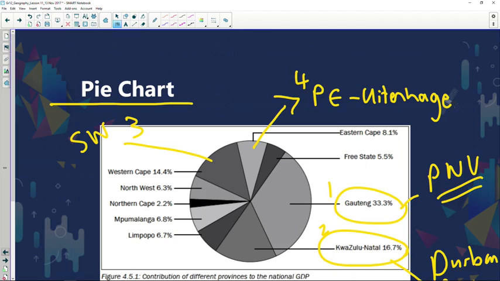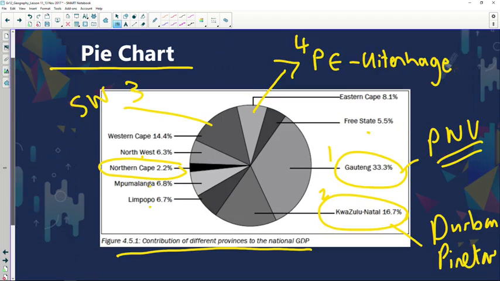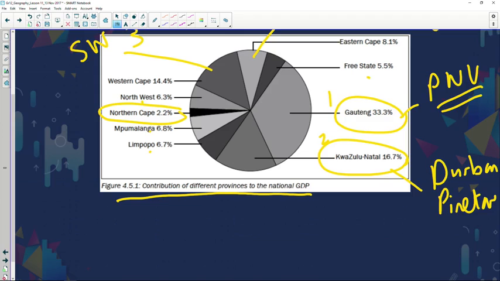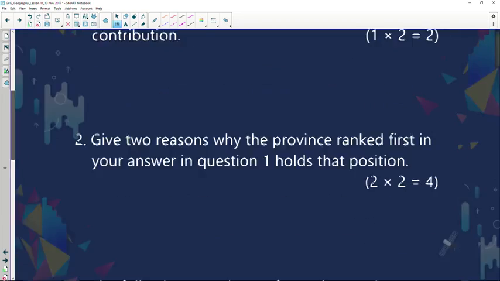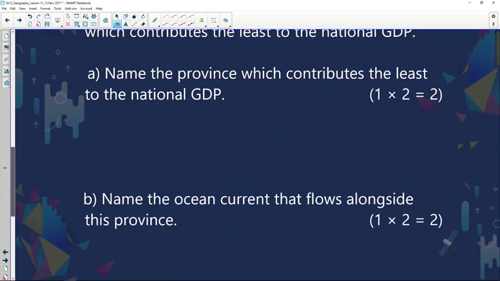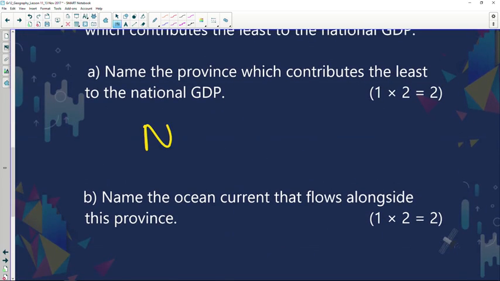As you can see, Free State 5.5, Northwest 6.3, Mpumalanga 6.8, Limpopo 6.7, and there's a province that contributes less than all the other provinces, only 2.2%. So the answer to that question, number A, is Northern Cape.